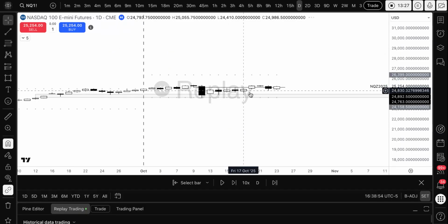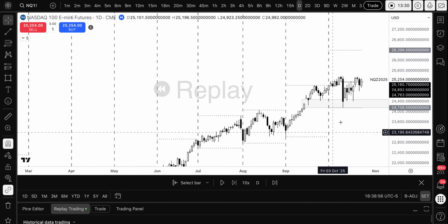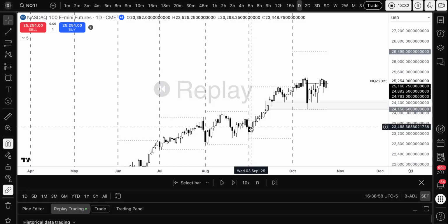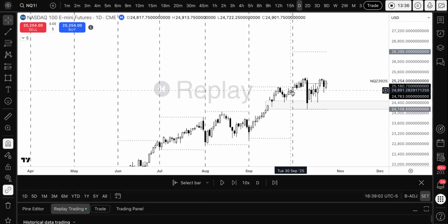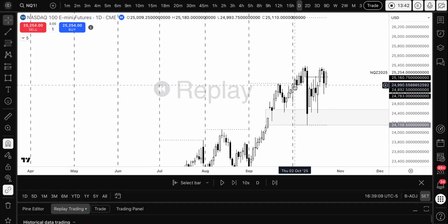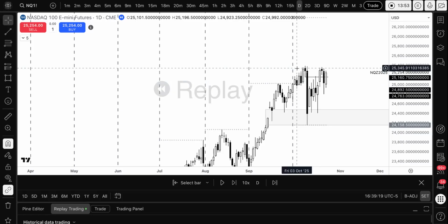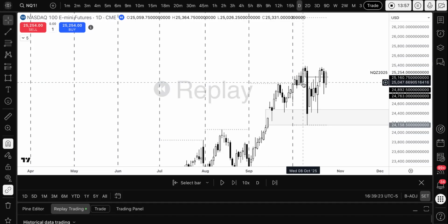But what it does is give you a perfect framework, because we know that the open and the close were strong in September, and the price runs up above the previous high, the previous month high, comes in Wednesday, Thursday, Friday, new week, Monday, Tuesday, Wednesday, Thursday reversal, opens up above the previous month high.